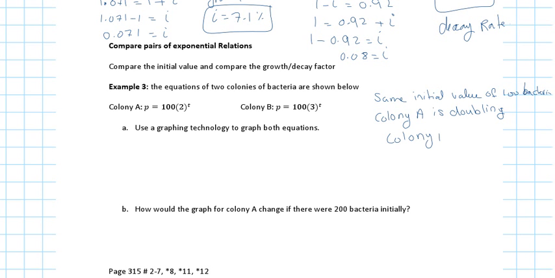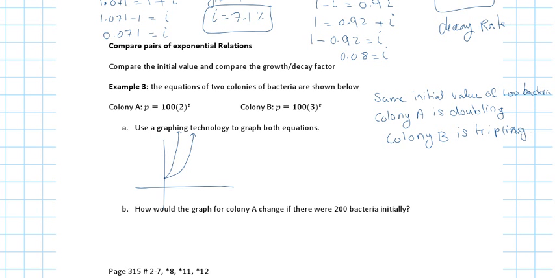So which one is growing faster? B. So you're going to see the difference if you use decimals and then you graph it. You're going to see that they both start at 100, but colony A is growing this way, while colony B is growing at a faster rate, because after 1 day, you're going to see that colony A is going to have 200, while colony B is going to have 300.